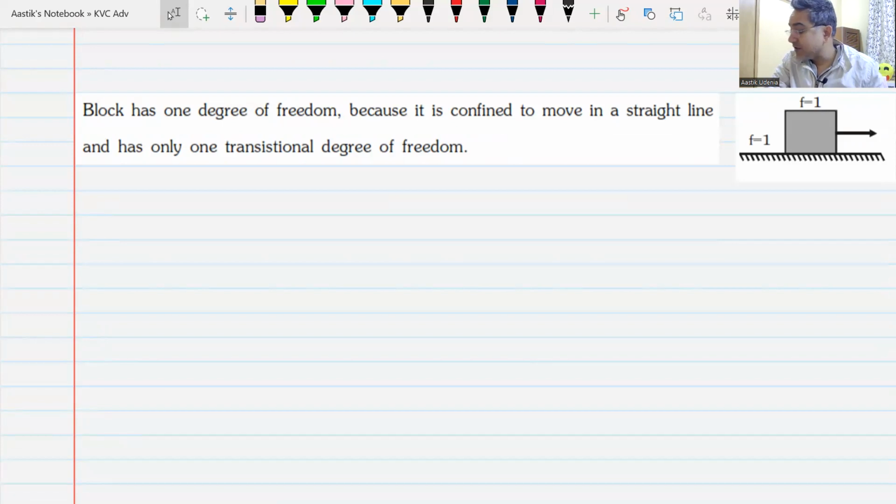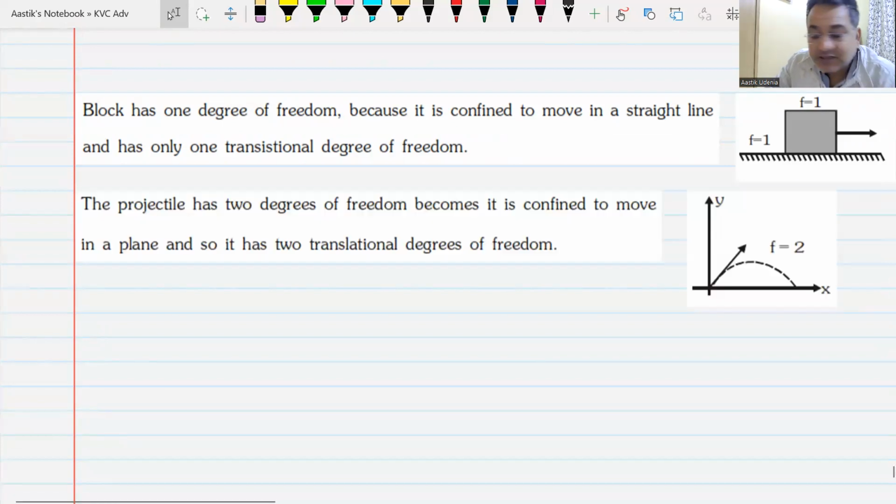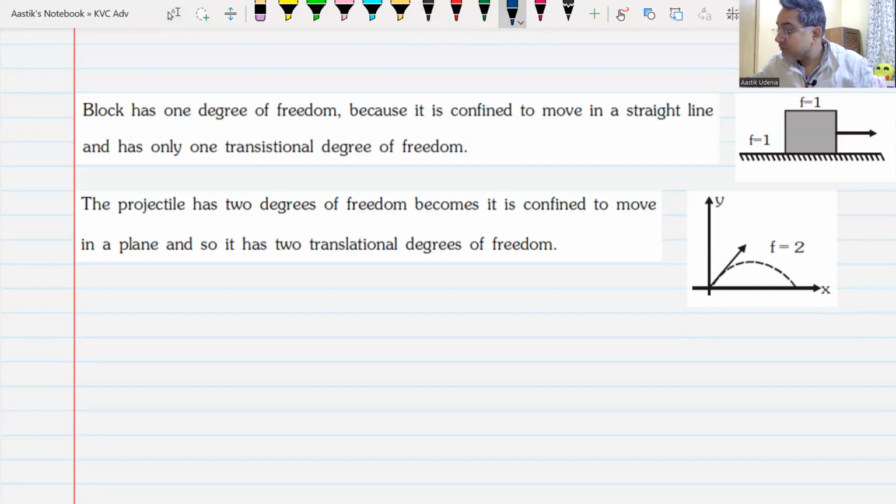Then, if it is projectile motion, if a body is moving in two dimensions in a plane, the number of degrees of freedom it will have is 2. Yes or no? Yes, sir. Then, if a body is moving in space, it will have 3 degrees of freedom.